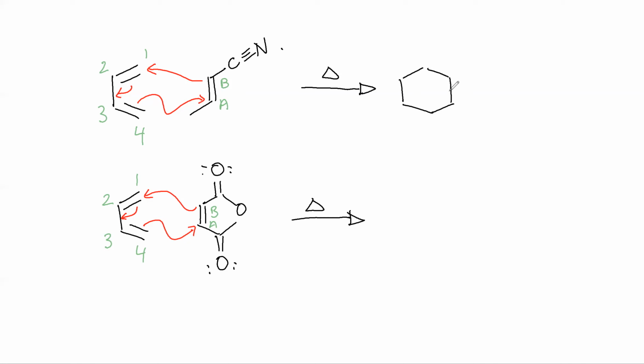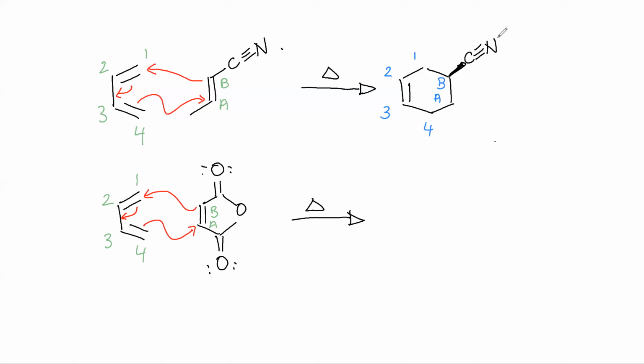Plus, we've always got our double bond between carbon 2 and 3. So we need our double bond here. So on carbon B, we've got a nitrile. So I'm going to just draw it up.